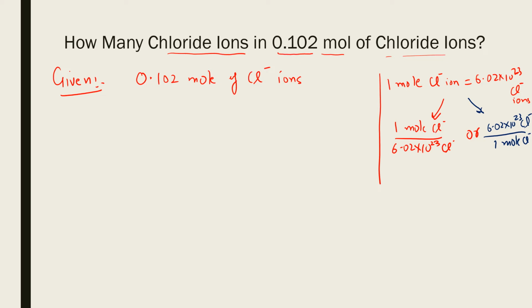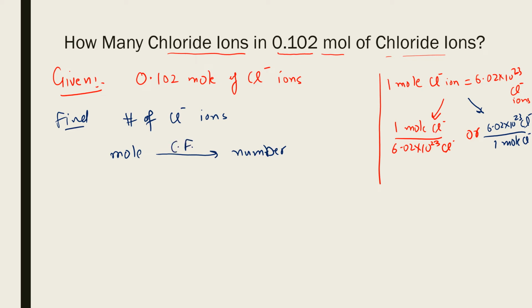So now we are given moles, and what do we want to find? We want to find the number of chloride ions. That's what we want to find. So it means we want to go from moles to number, right? So let's plug in the value. We're going to need a conversion factor in the middle.